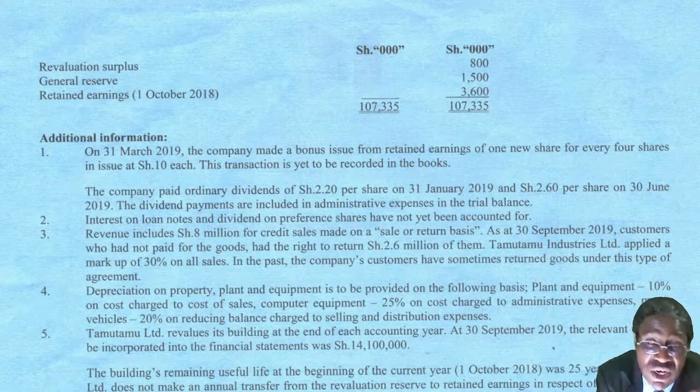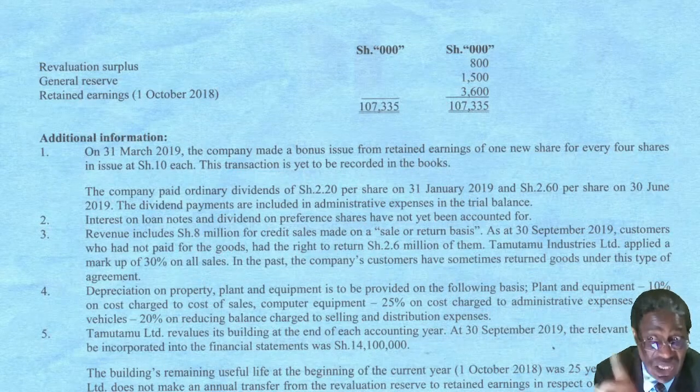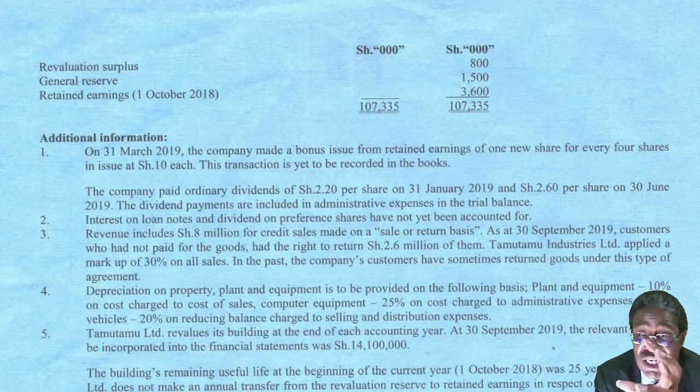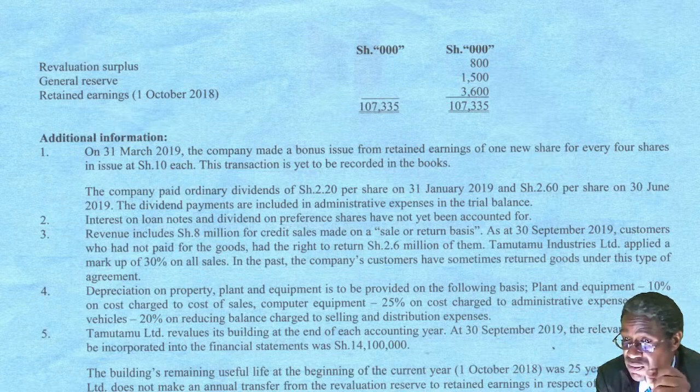So you will now be required again to know, after bonus, how many shares were there in the company. I hope you are following. So that whatever you get as the number of shares after the bonus, those ones now will be paid a dividend at the rate of 2.6.